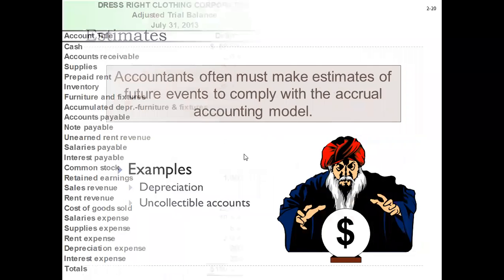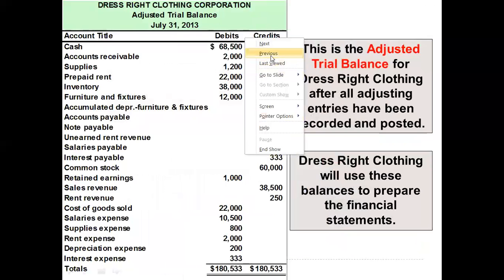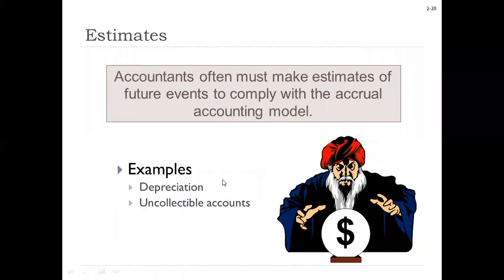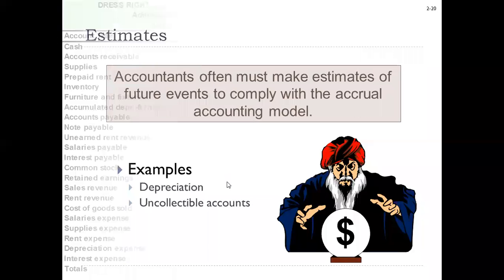Estimates. As is indicated here, accountants often make estimates for future events. So examples of this might be depreciation, uncollectible accounts for accounts receivable, which we'll cover in more detail in subsequent chapters. And we have a homework assignment on this time.